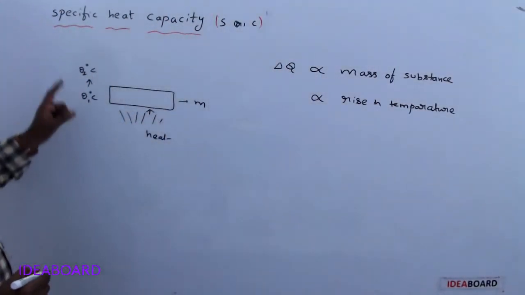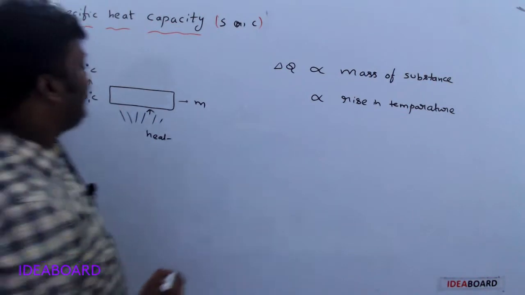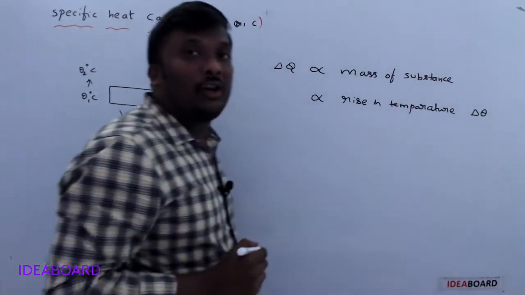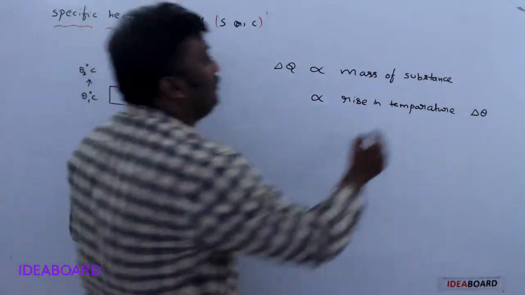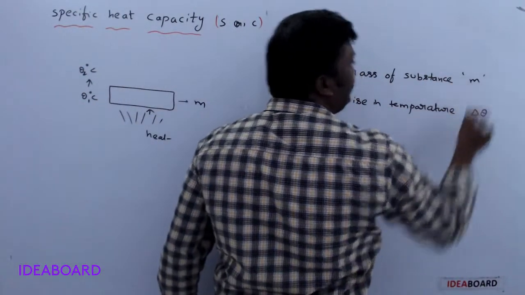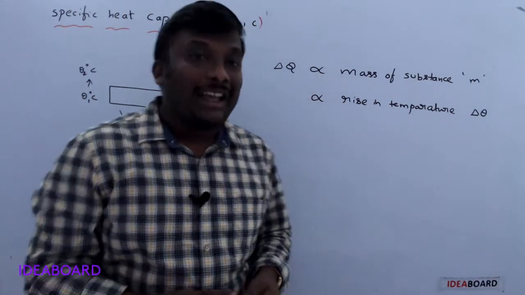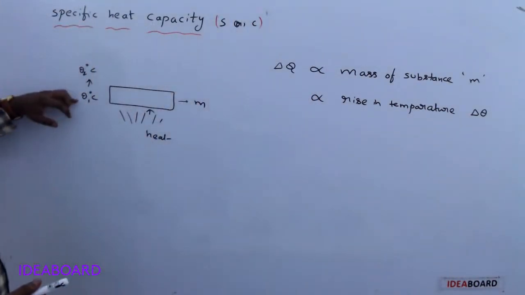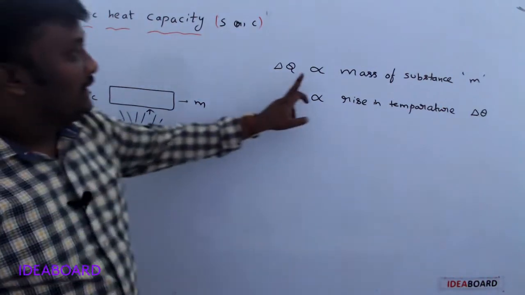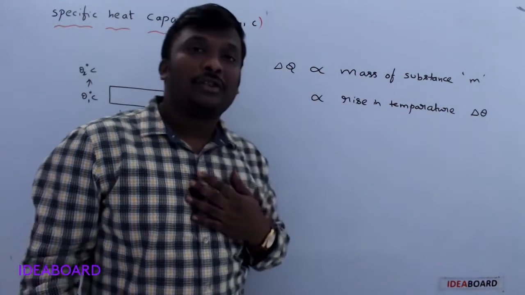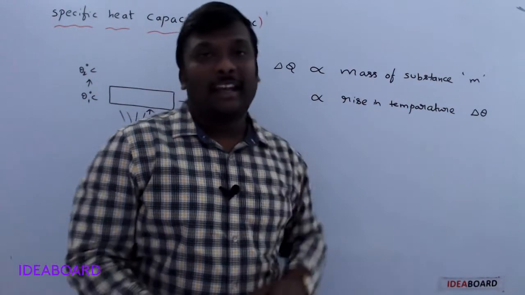Rise in temperature means delta theta, which is theta 2 minus theta 1. So the amount of heat required to raise the temperature from theta 1 to theta 2 is directly proportional to the mass of the substance and also directly proportional to the rise in temperature.